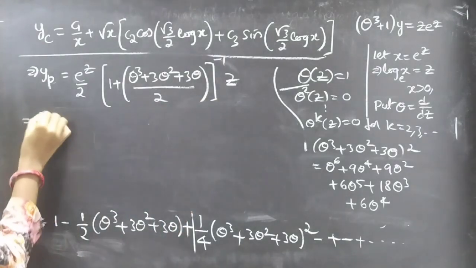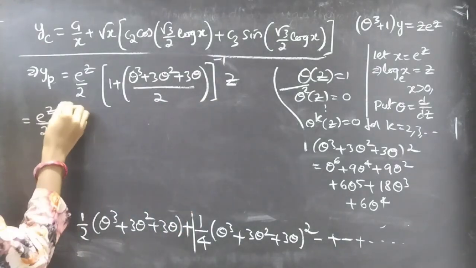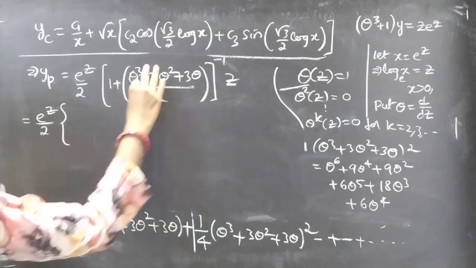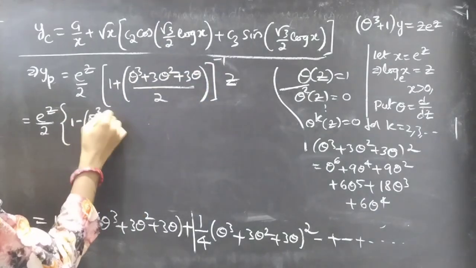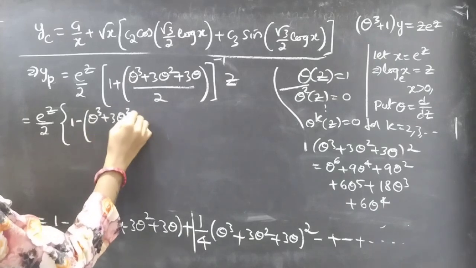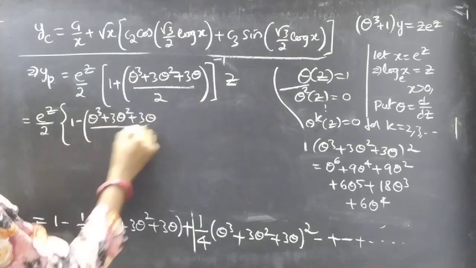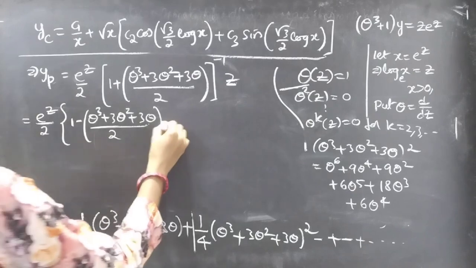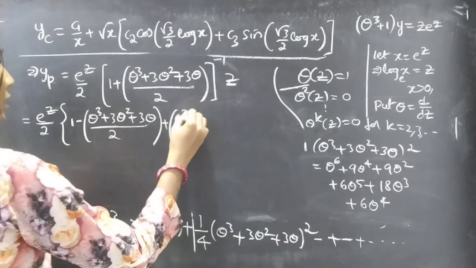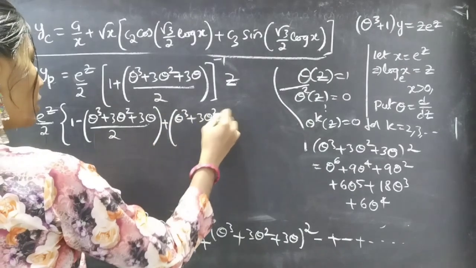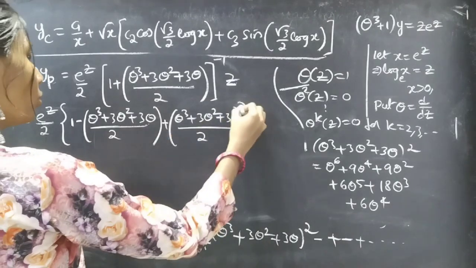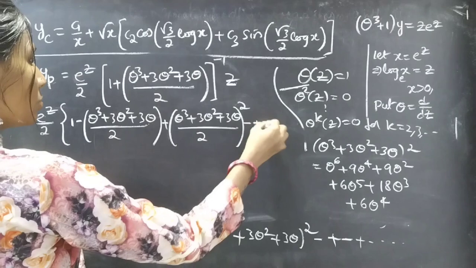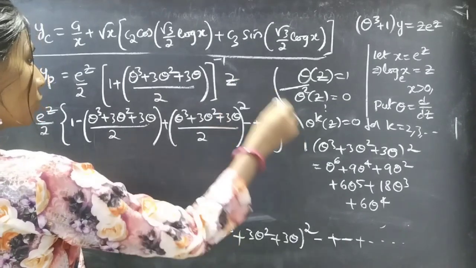we'll write it as e power z by 2 into the expansion of 1 plus x whole inverse, which is 1 minus (theta cube plus 3 theta square plus 3 theta by 2) plus (theta cube plus 3 theta square plus 3 theta by 2) whole square minus, and so on, into z.